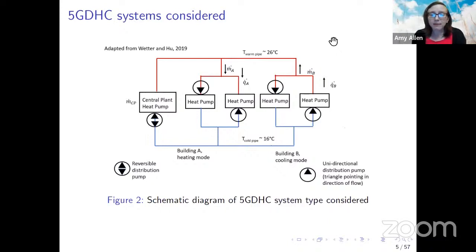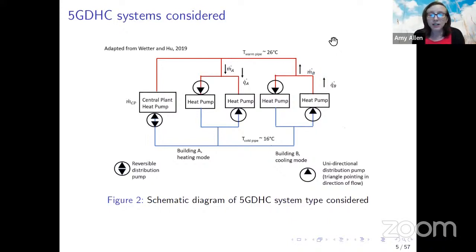I focused on systems with parallel connections of loads to the network, meaning that each load effectively sees the same supply temperature from the network and the same return temperature, in that, in this case, the mass flow through the energy transfer station connecting the load to the network is controlled to a fixed delta T. But in principle, such systems can operate with loads connected in series, in a single pipe network configuration, and in a configuration with unidirectional mass flow.